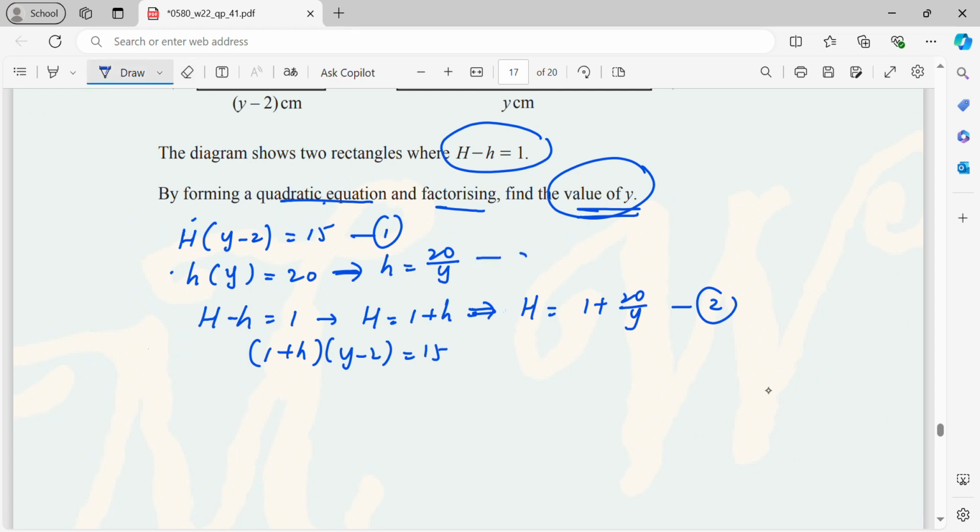This is my second equation, and this is my third equation. So this is third into second. Then from here, I will get 20 over y.